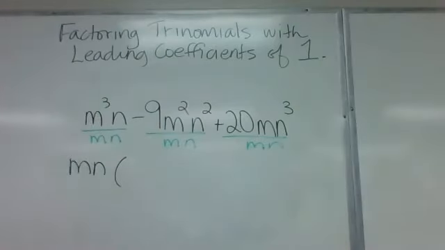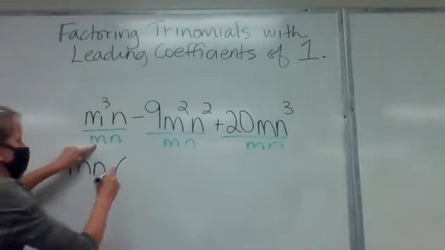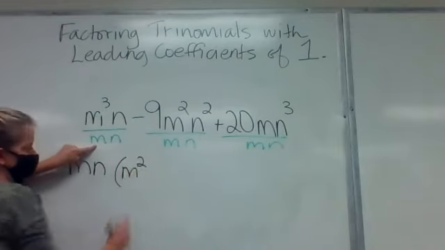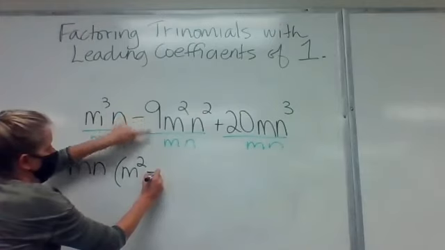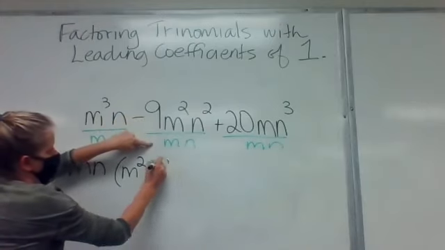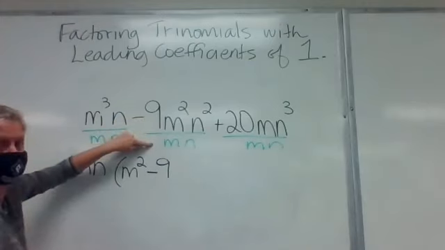See what's left. I had M3, but I pulled out M1, which means I have M2. I pulled out the N. Minus, I don't have anything here to deal with that 9, so I have minus 9.